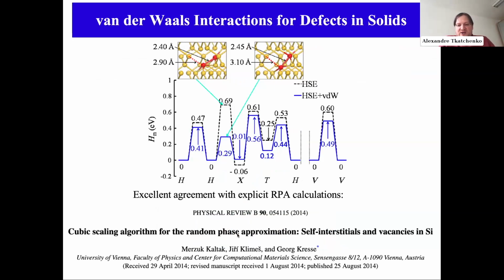Now, of course, these calculations are extremely expensive. They had to use very large unit cells here, but they basically confirmed our HSE plus van der Waals results with the RPA calculations. So this is just to tell you that the inclusion of van der Waals interactions stabilizes or sometimes destabilizes your system depending on the property that you are studying.